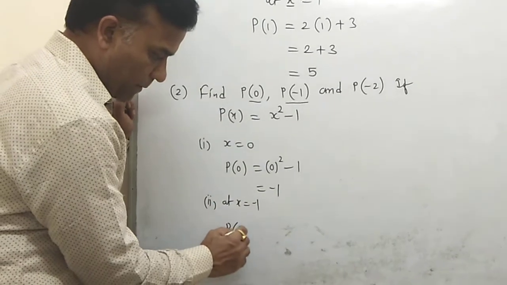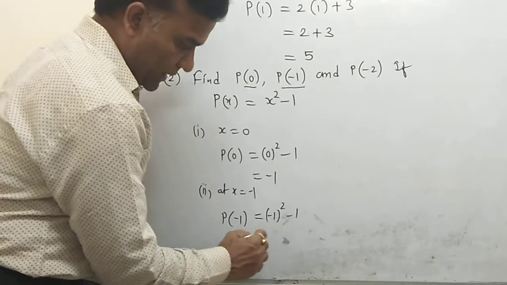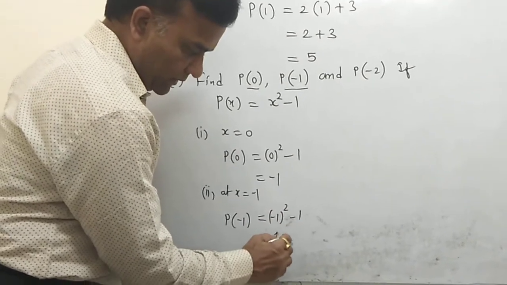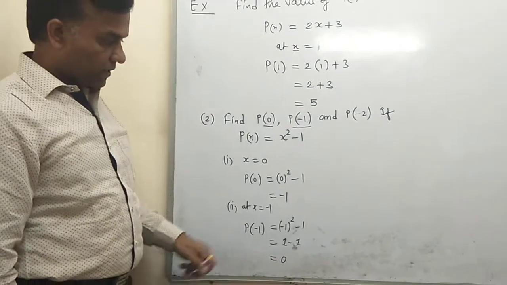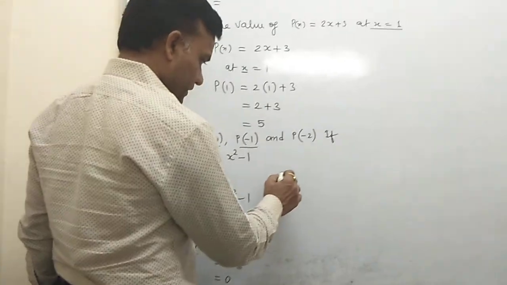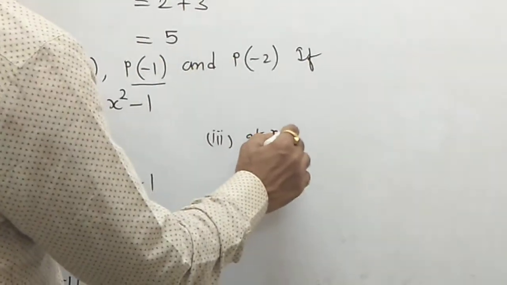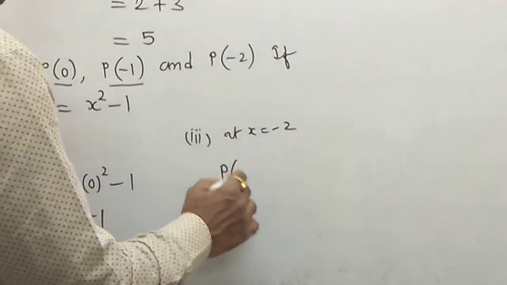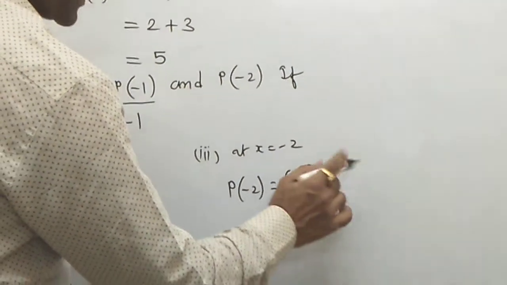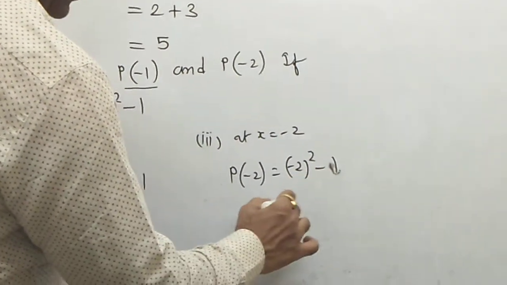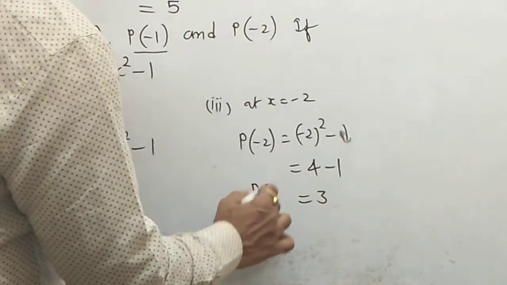P of minus 1 is minus 1 whole square minus 1. Minus 1 square is 1, and 1 minus 1 is 0. So p of minus 1 is 0. Similarly, the third part is x equal to minus 2. P of minus 2 is minus 2 whole square minus 1, which is 4 minus 1, which is 3. So p of minus 2 is 3.